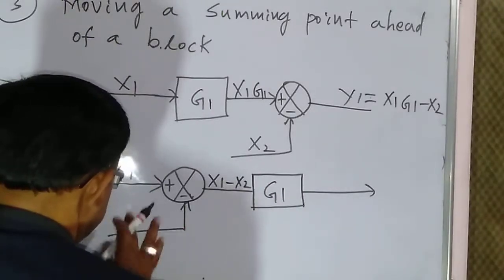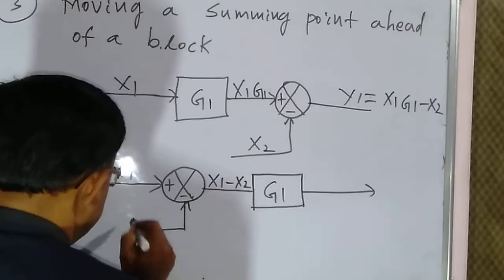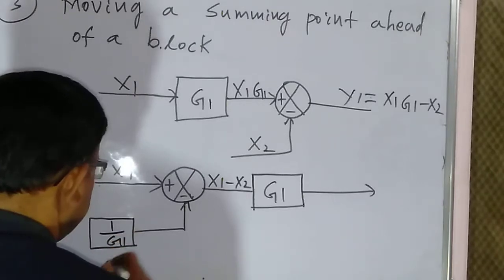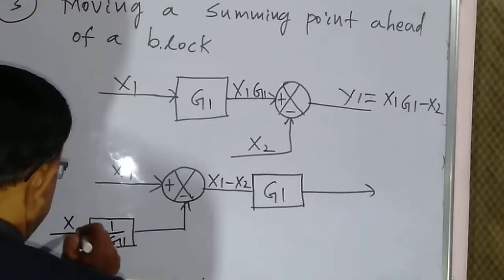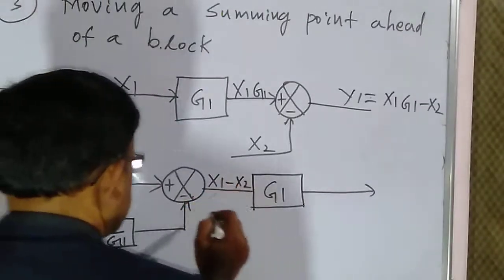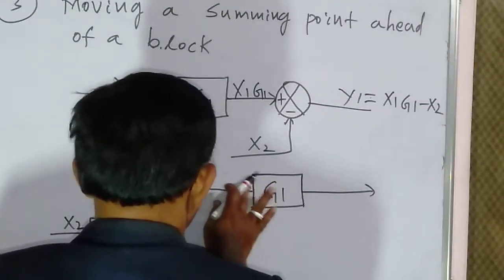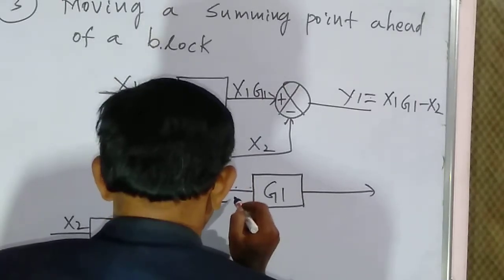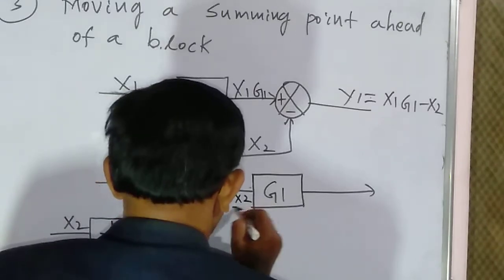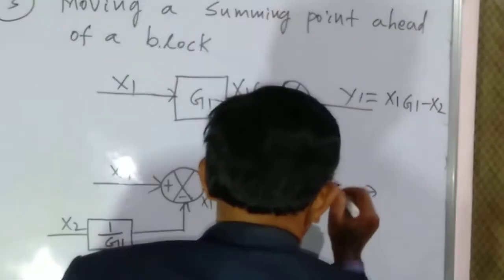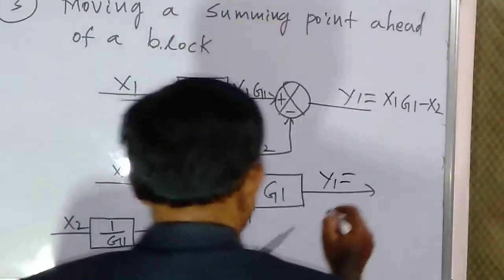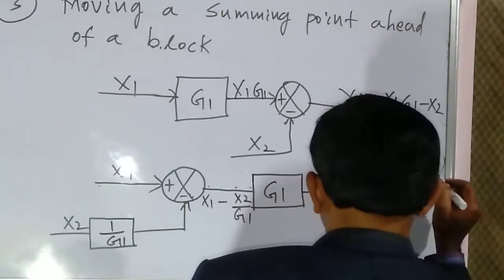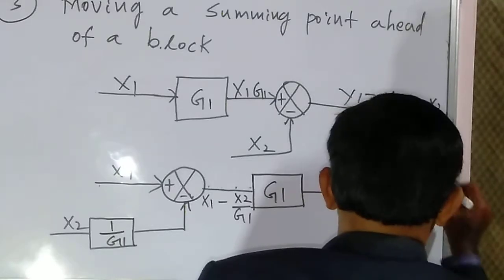Therefore, this will be 1 by g1 and here x2. So now we'll get x1 minus x2 by g1. Now we can get output, that is g1 into x1 minus x2 by g1.